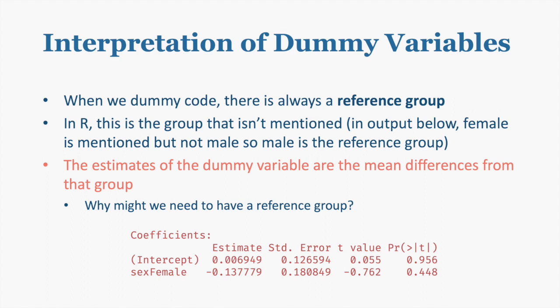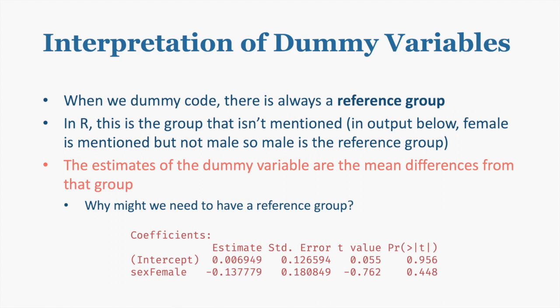So consider this example. When we dummy code, there's always a reference group. So you either pick it yourself or you let R do it. R is going to pick whatever one is 0 or whatever one is lower alphabetically if it's not a factor.